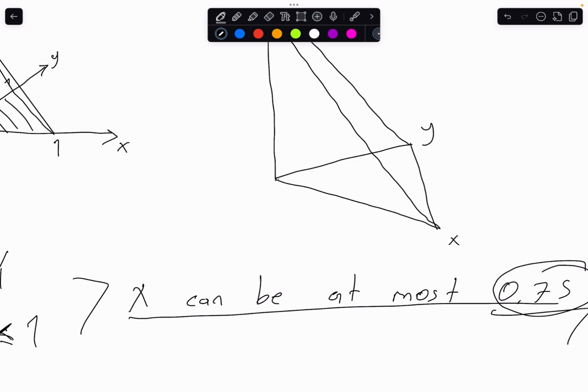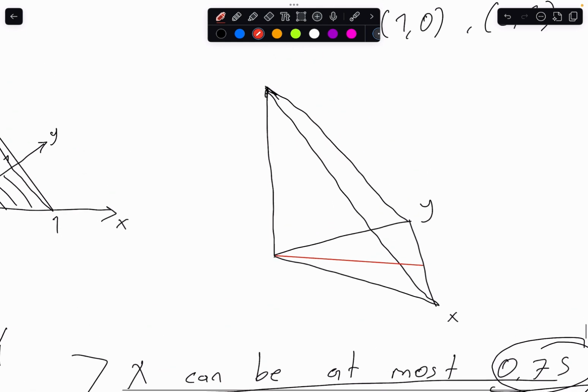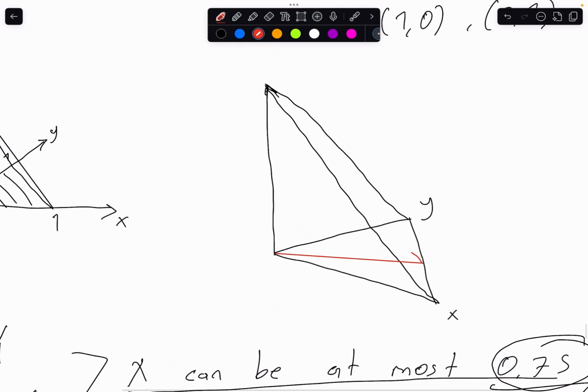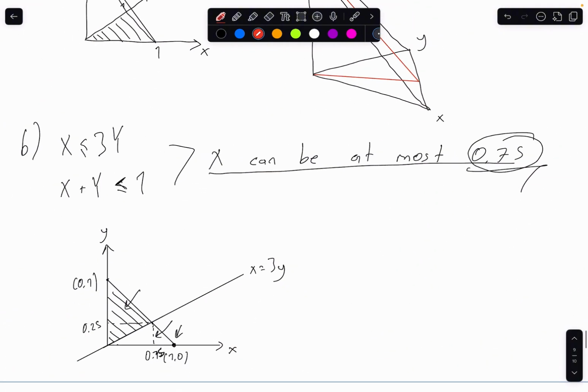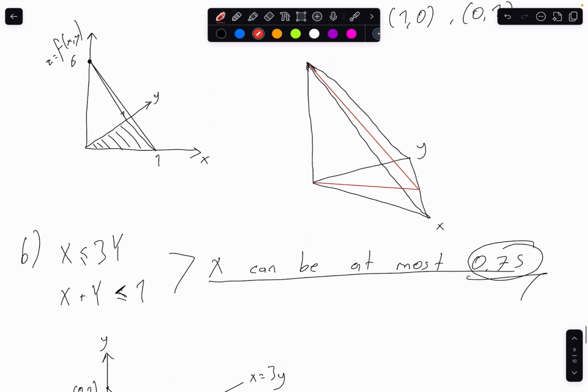So let's draw it like this, and then one line going from there to there, and then we need to calculate the area of this side.